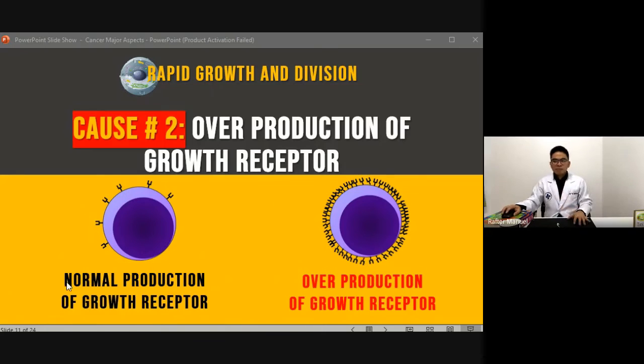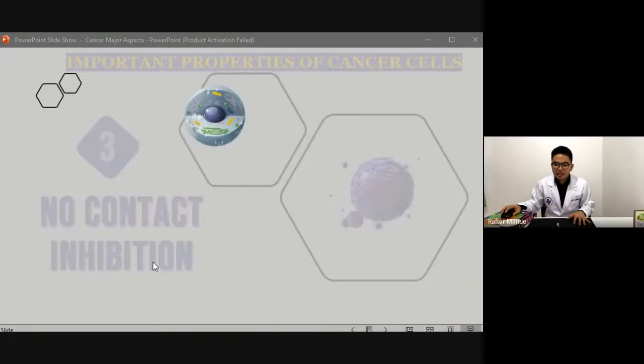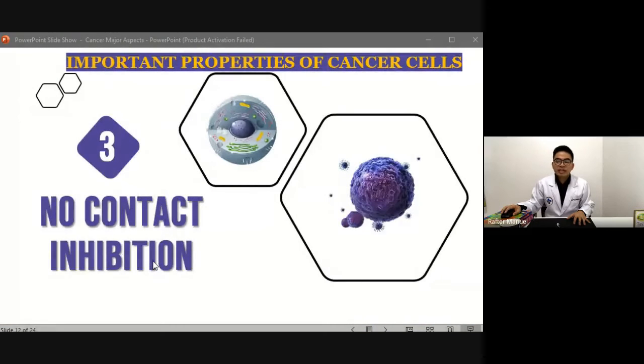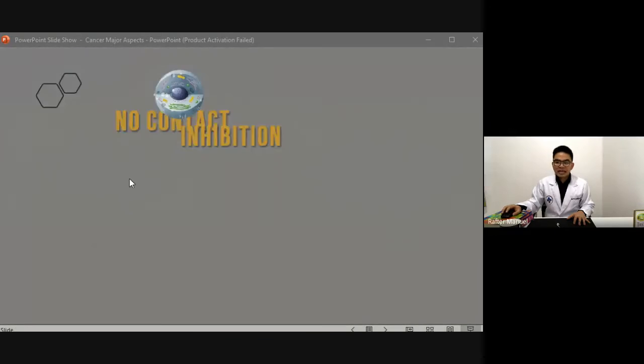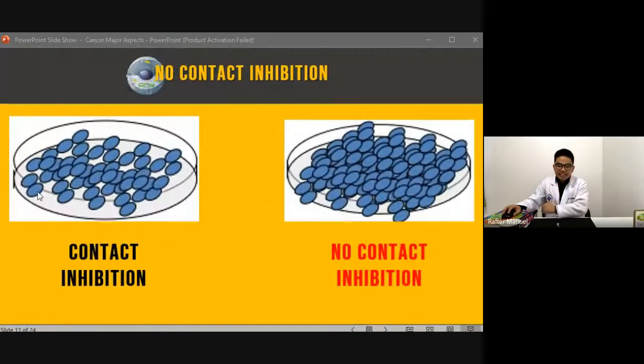Another important property of cancer cells is what we call no contact inhibition. So normally, when a cell is in contact with another cell, and that cell is in contact with another cell, meaning to say they are overcrowding this petri dish. They are overcrowding this place. Okay?